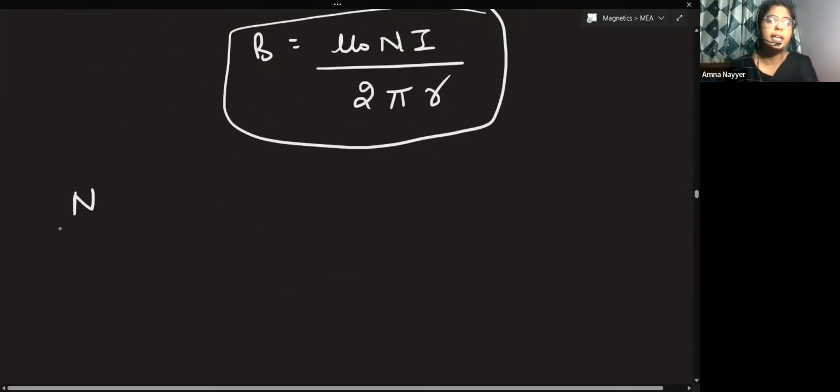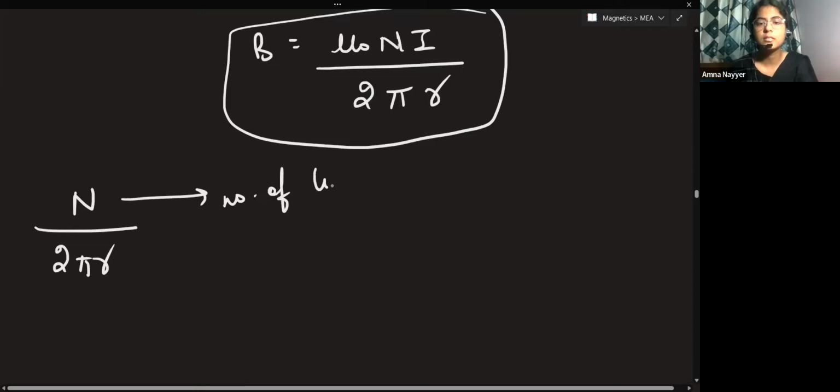But see, N divided by 2 pi R: N is the number of turns, and 2 pi R is the circumference of the toroid. That is the length of the toroid, since the length is in the form of a circle.